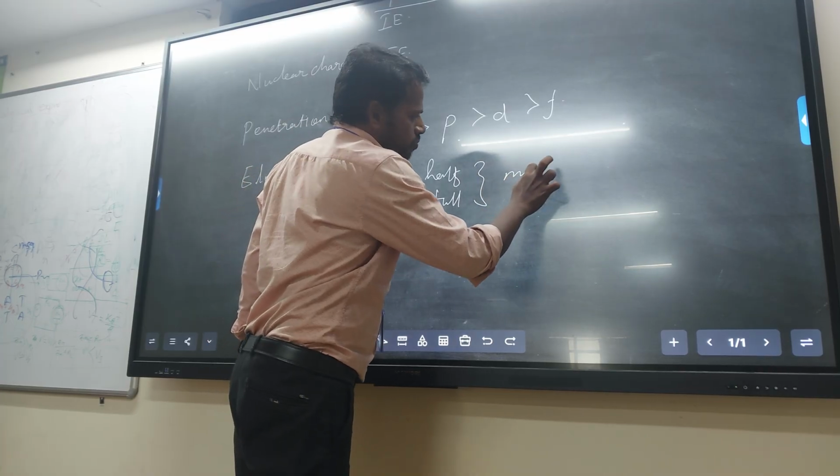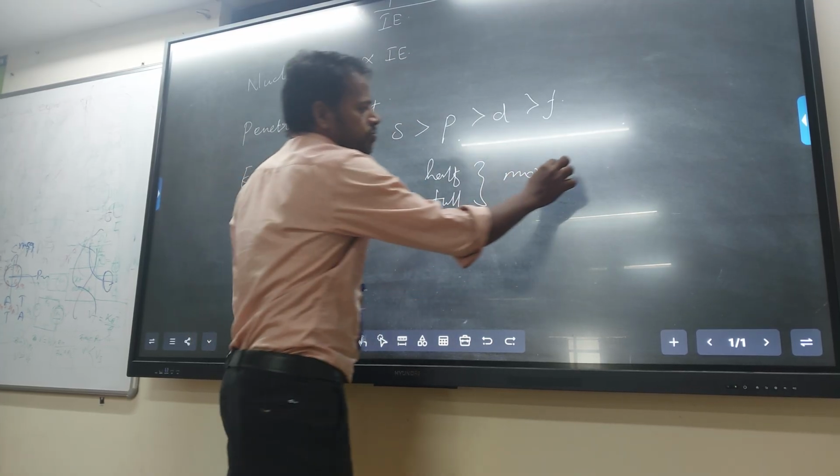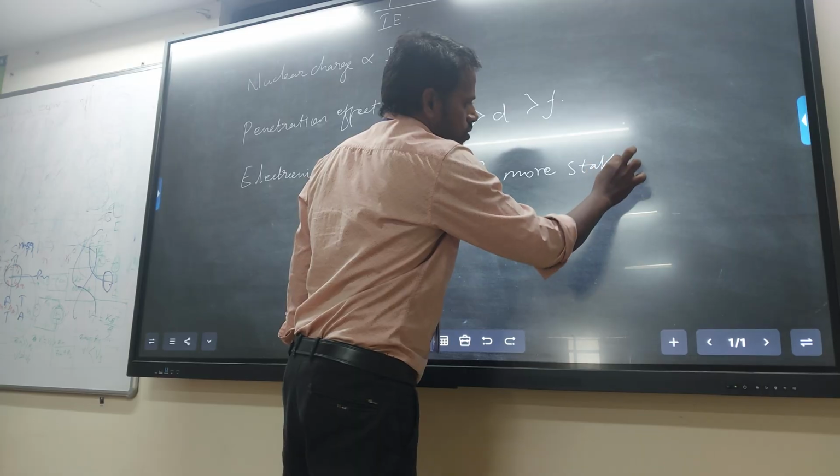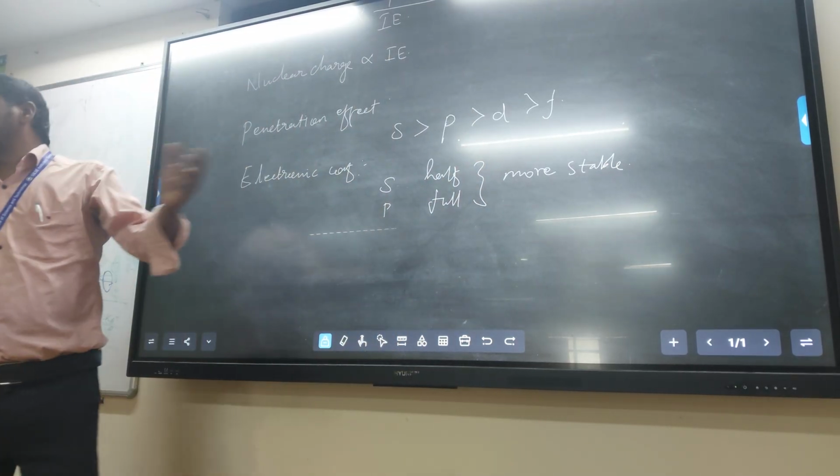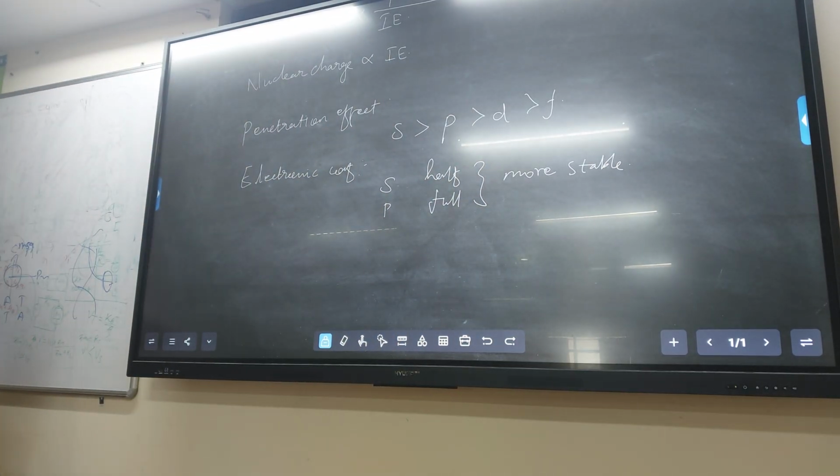Half filled and fully filled configurations are more stable, therefore removing an electron is a very tough job, and ionization energy is more in those orbitals. So electronic configuration also influences your ionization energy.